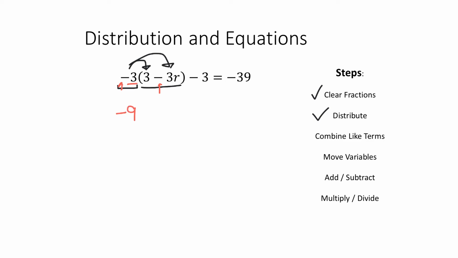Negative 3 times negative 3r, let's multiply the numbers. Negative 3 times negative 3 is a positive 9, and since there's the variable r, that has to go along with it, so we have 9r. Now this minus 3 at the end, that still stays around because that's not anything that we worked with. That doesn't get distributed to, it's just kind of there hanging out.